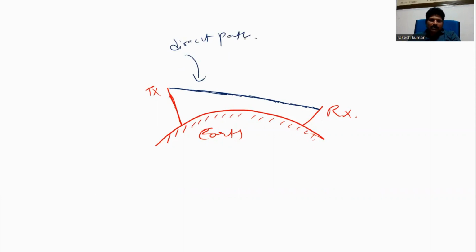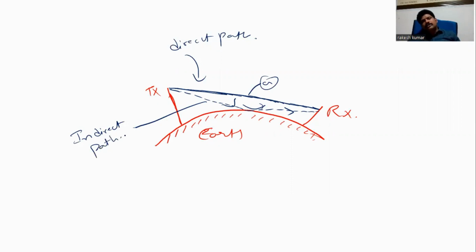Another path is where the signal comes, touches the surface, gets a 180 degrees phase difference, and reaches. So this is path A. This is the indirect path.